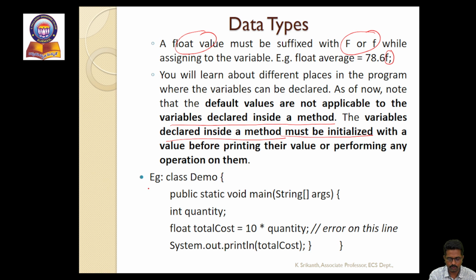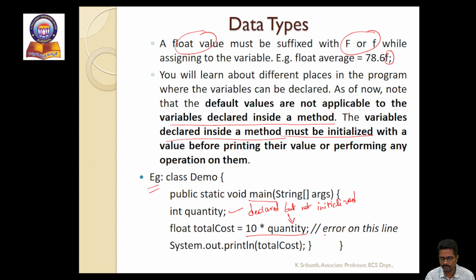Here you can see an example where we have a method called main, which has a variable called quantity. It is declared but not initialized, which means the quantity variable doesn't have any initial value, and you are performing an operation 10 into quantity, and we don't know what value is present in quantity.